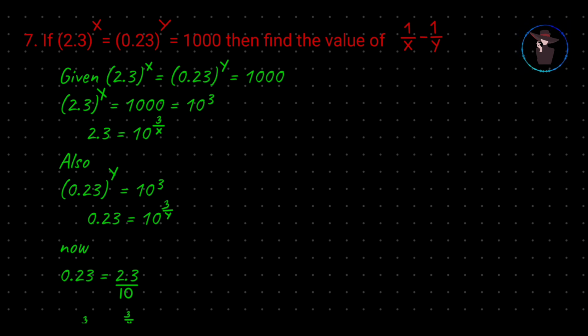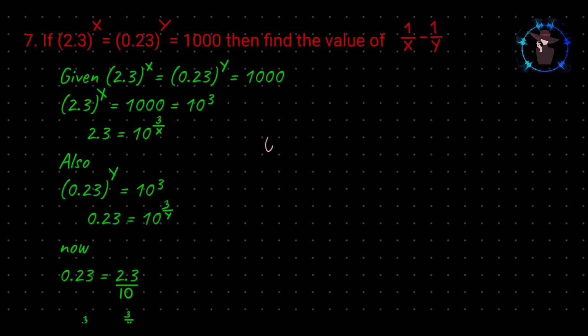Now, if we want to remove this point, we can add 2 zeros in the denominator, right? Because there are two numbers here. Similarly, if we want to bring one point forward, one number forward, we need to add 1 zero. Let me explain.